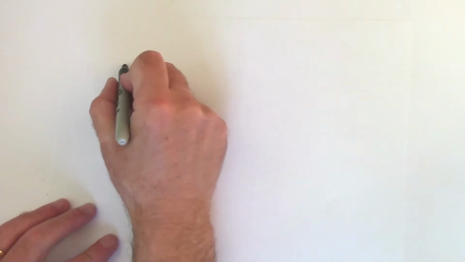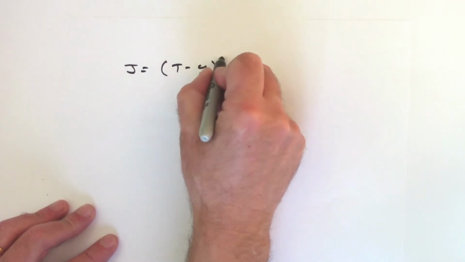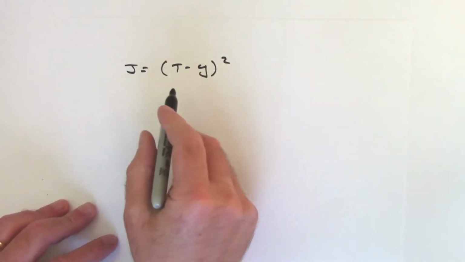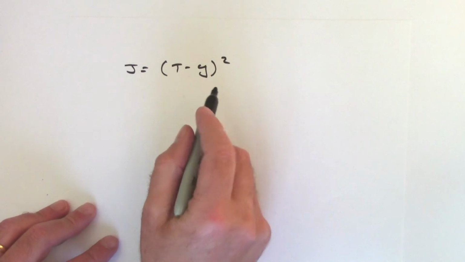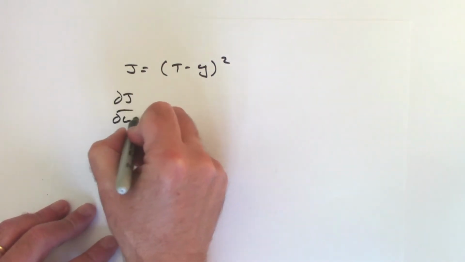Just one more thing to say actually. If you have a function such as this, j equals t minus y squared. This is really just a chain rule problem again if you want to do the differential of dj by say dw.